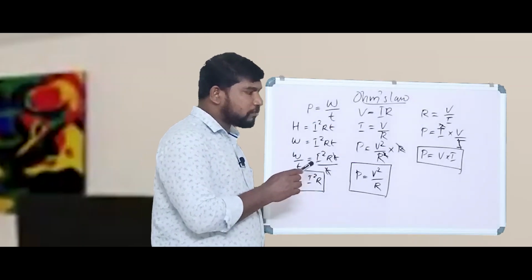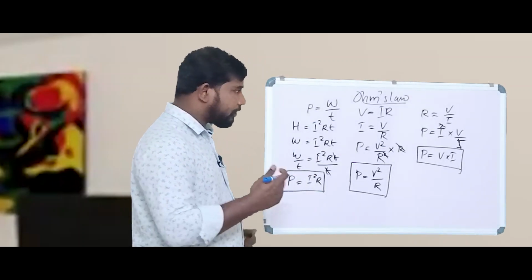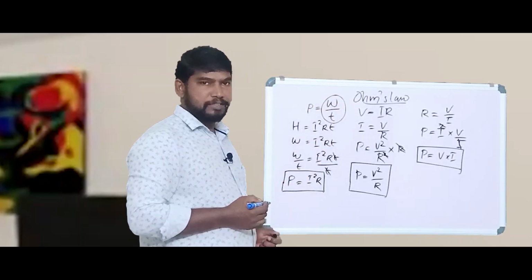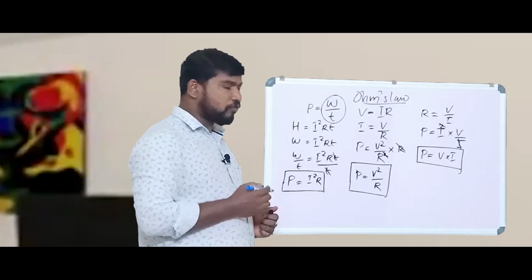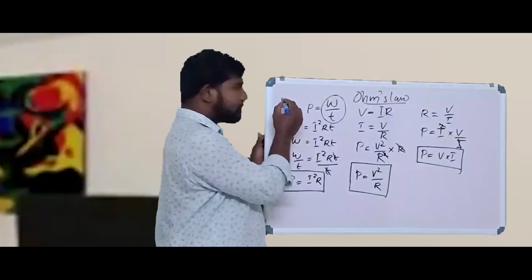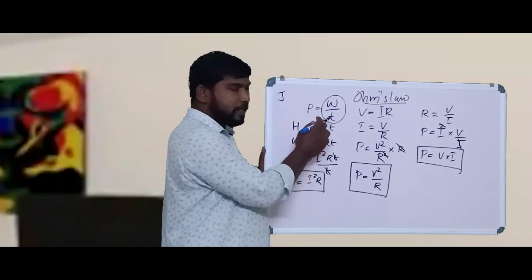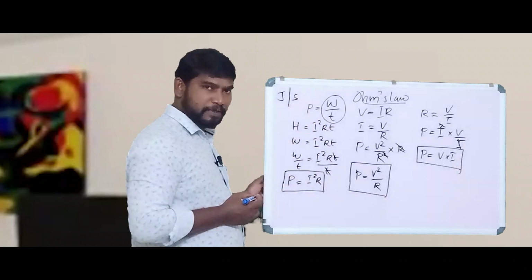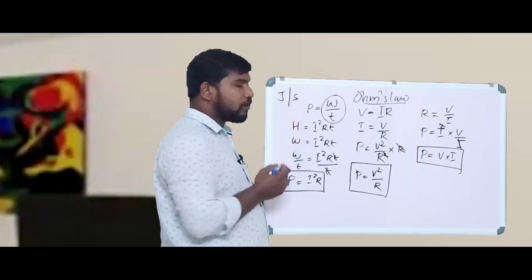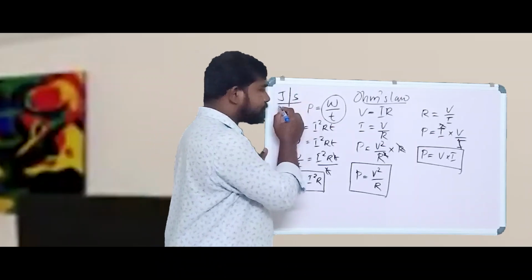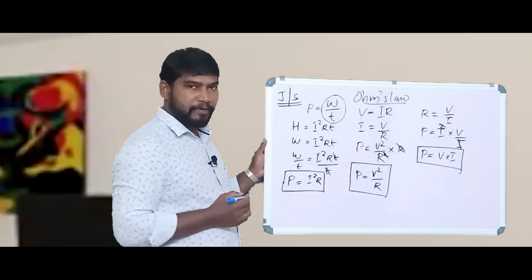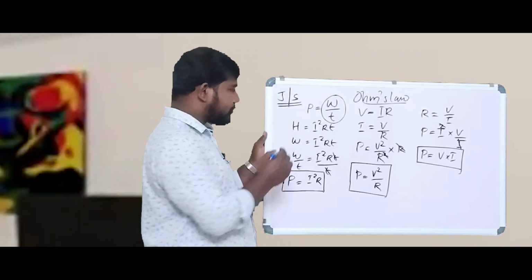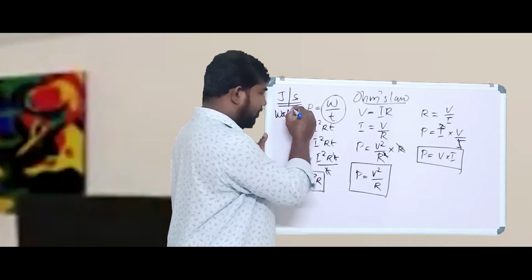And what is the unit of power? We can derive the unit of power from this equation. P is W by T, where W is work. The unit of work is joule, represented by capital J, and time is represented in seconds. So the unit is joule per second. We use a single unit for joule per second, and joule per second is watt.